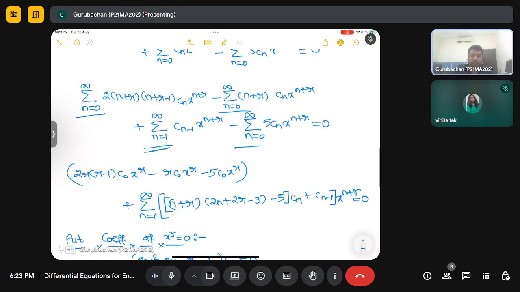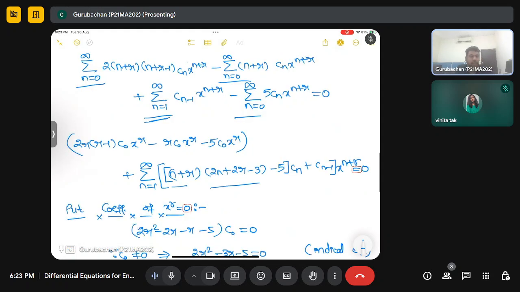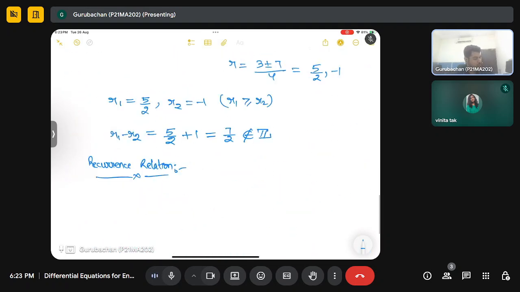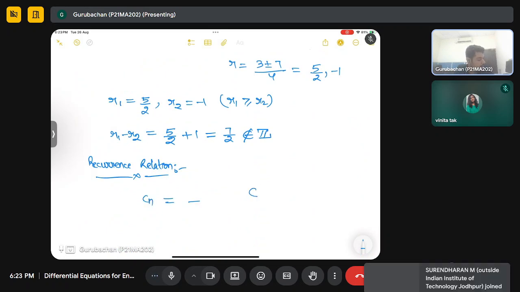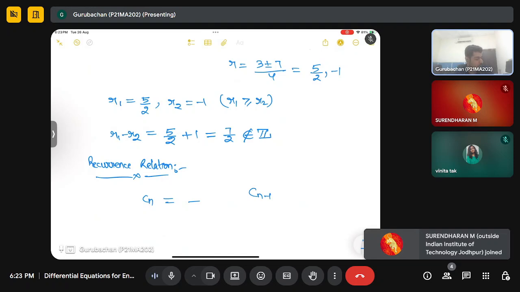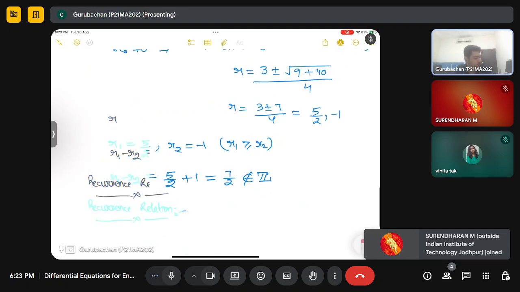The recurrence relation is here: n plus r, 2n plus 2r minus 2 minus 1, that is minus 3, and minus 5, plus C(n minus 1). This is our recurrence relation, obtained by putting the coefficient of x to the power n plus r to be 0.